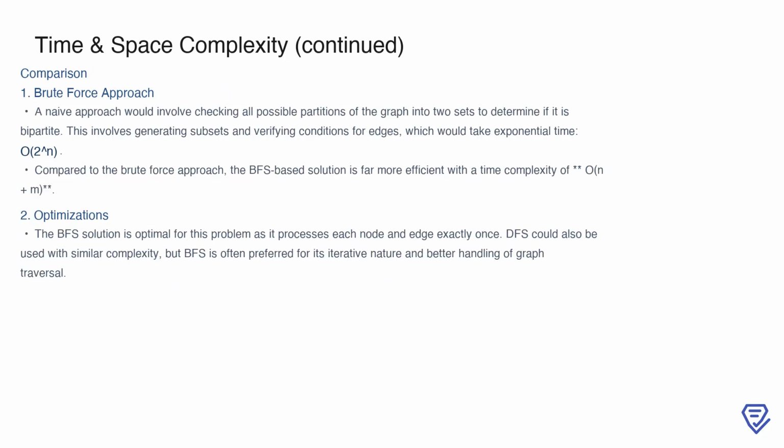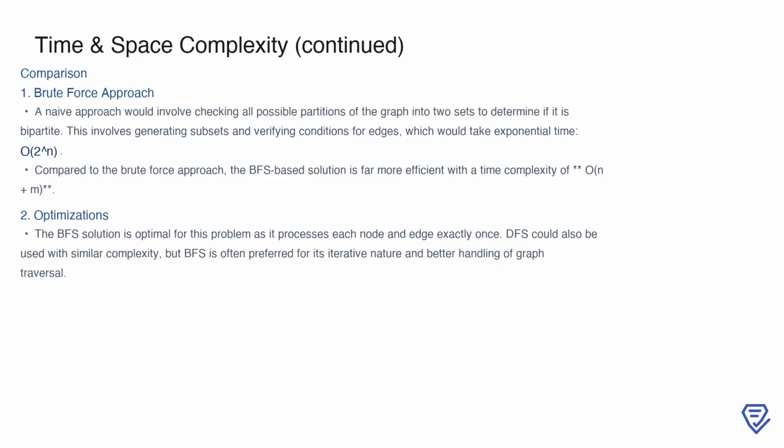It's helpful to compare this efficient BFS-based solution with a potential brute force approach. A naive solution would involve trying to partition the graph into two sets by generating all possible subsets and verifying whether the conditions for bipartiteness are satisfied. This brute force method would require exponential time, specifically O(2^n), as it explores all combinations of node partitions.